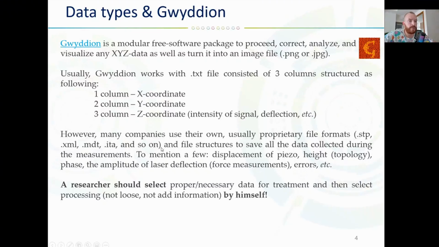So you just need to find these three coordinates in any file and then export them. Or sometimes Gwyddion can open some of these proprietary file formats or import from them.